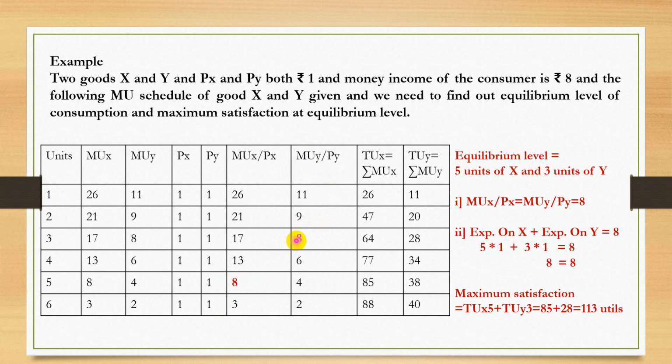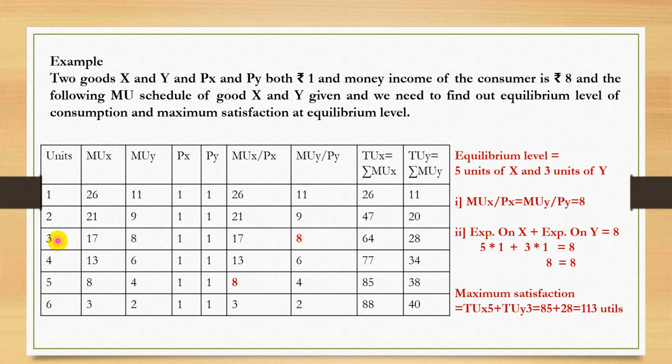Now let us check the second condition. MUX by PX is 8 when the consumer consumes 5 units of X. So how much he spends? 5 multiplied by rupee 1 means 5 rupees. And MUY by PY is 8 at 3 units of consumption.